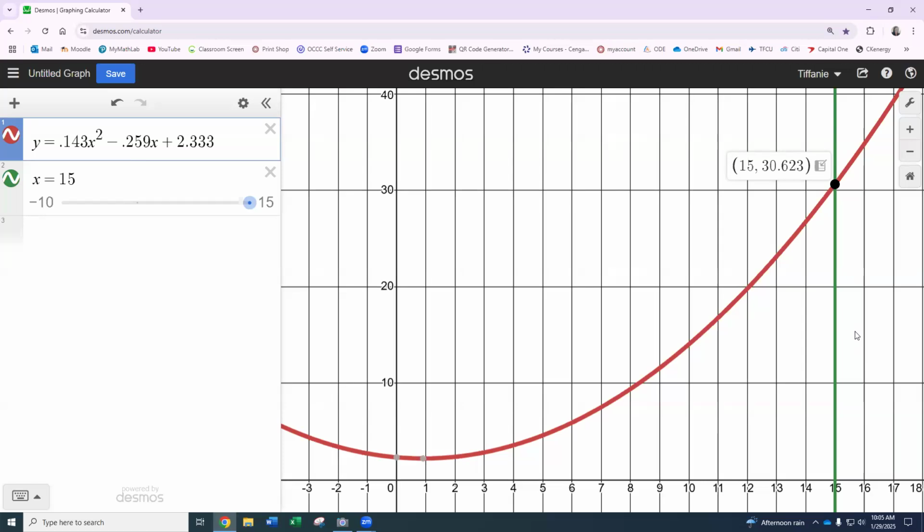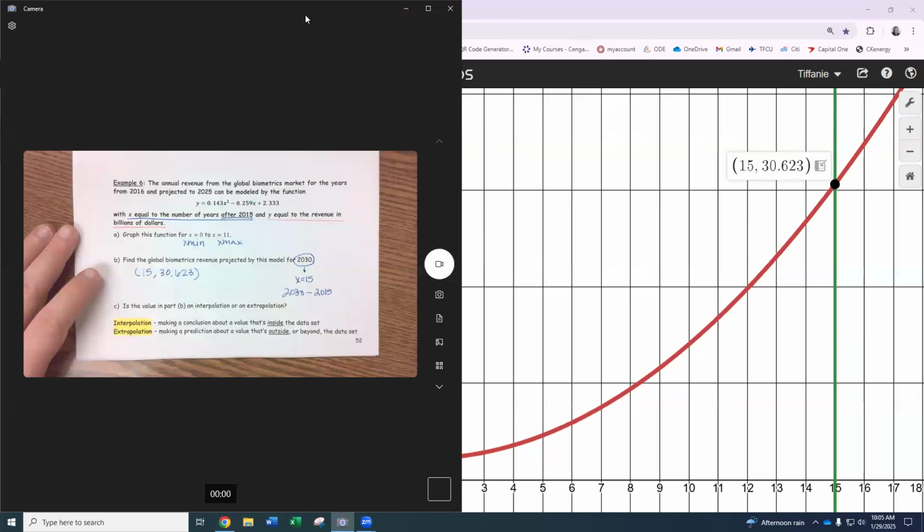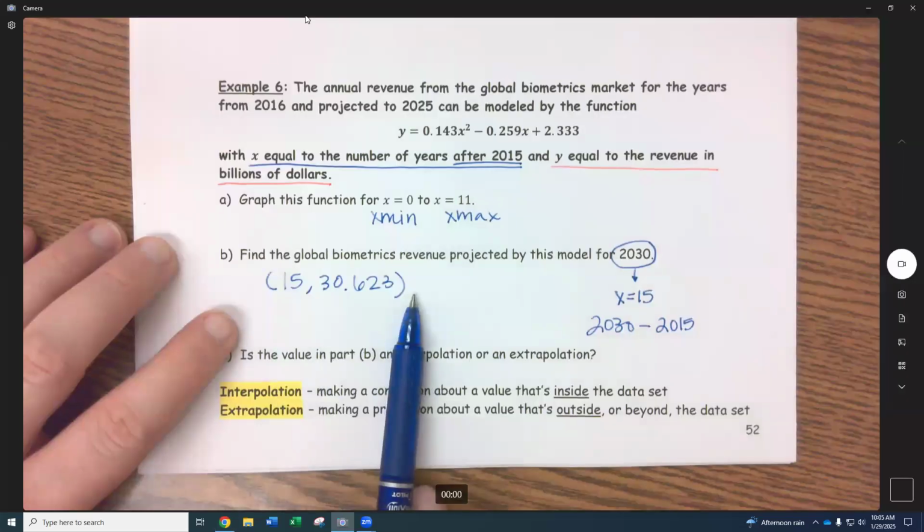I'll go ahead and write that ordered pair. Oh, I'm writing and you guys can't see what I'm writing, can you? I'm sorry. All right, I just wrote that ordered pair.